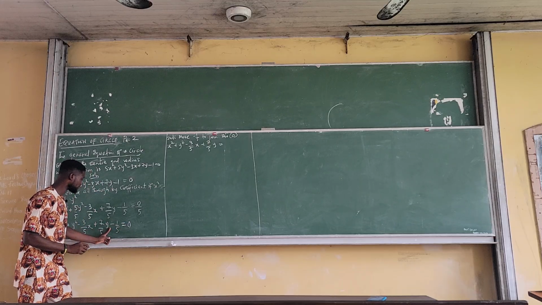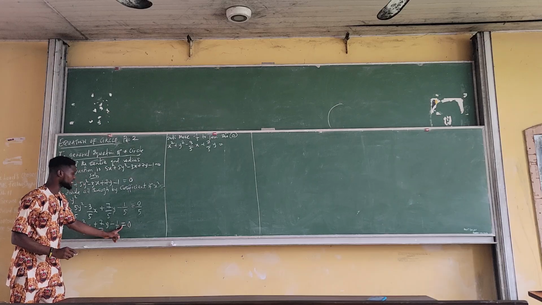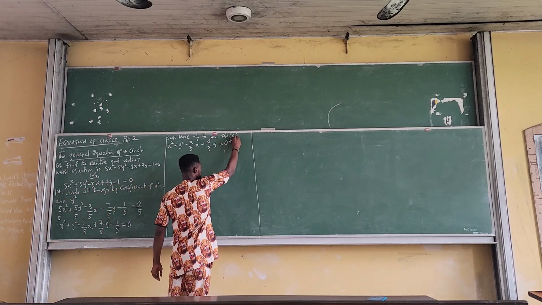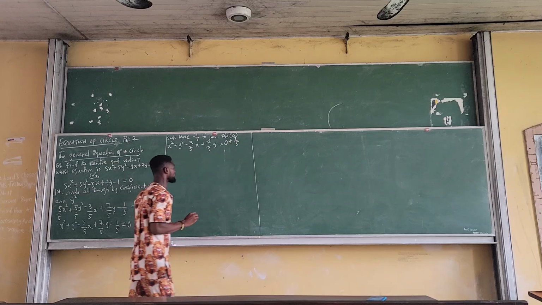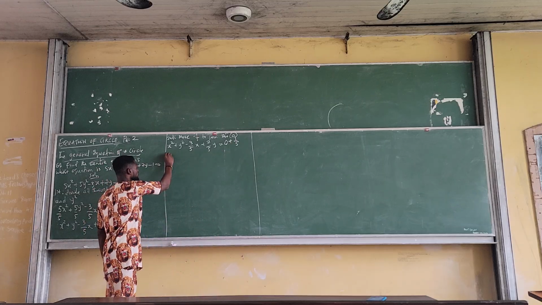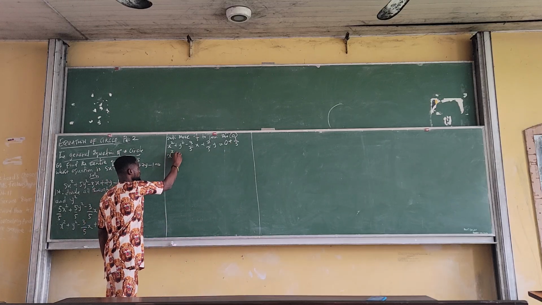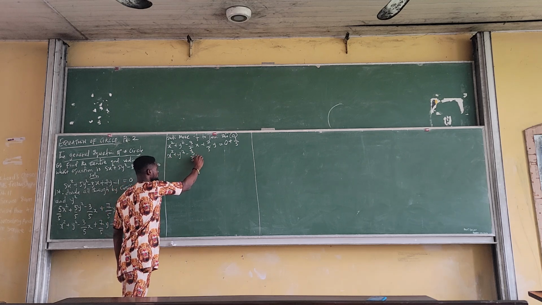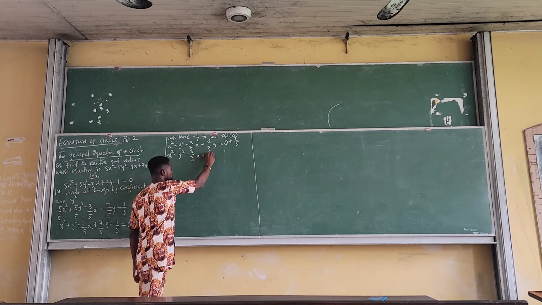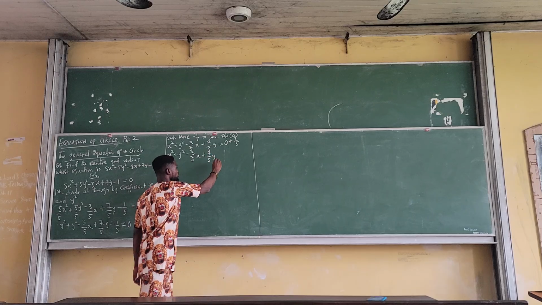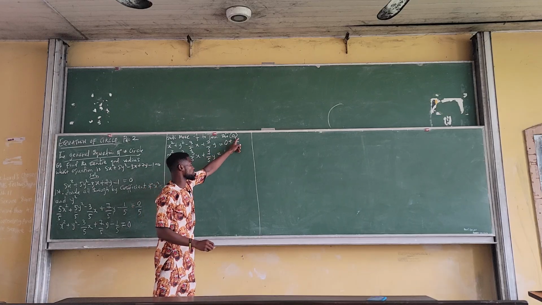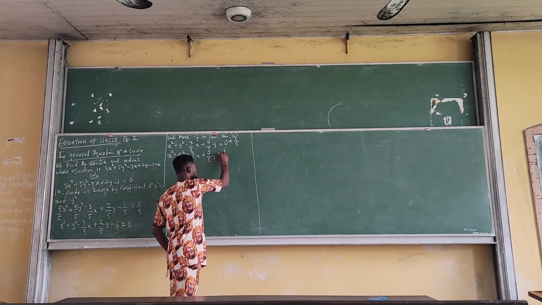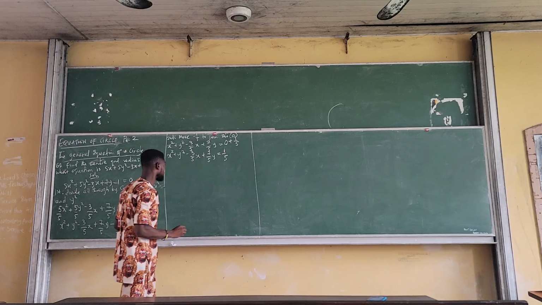When this minus 1 over 5 crosses the equality sign, it becomes plus, that is 0 plus 1 over 5. Therefore, we have x square plus y square minus 3 over 5x plus 7 over 5y will be equals to 0 plus 1 over 5, which will give us 1 over 5.